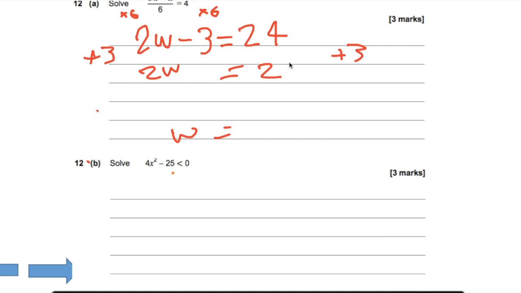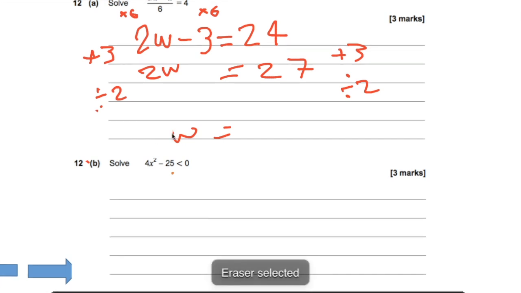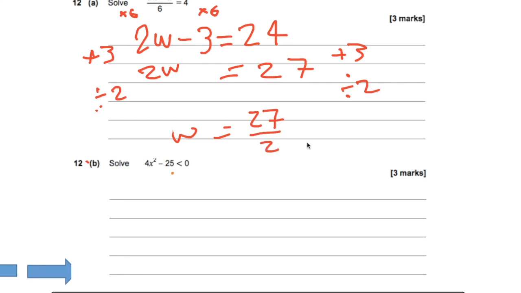24 plus 3 is 27. 2 lots of something equals 27. So we half it, so divide by the number attached to the letter. 2 divided by 2 is 1, but we don't generally write that. We'll just leave it as w. So w equals 27 over 2, which we could rewrite if we wanted to.